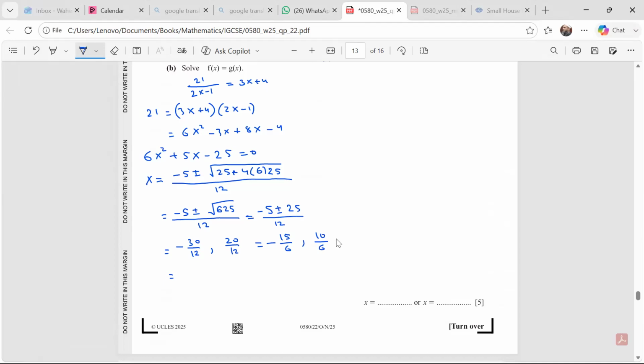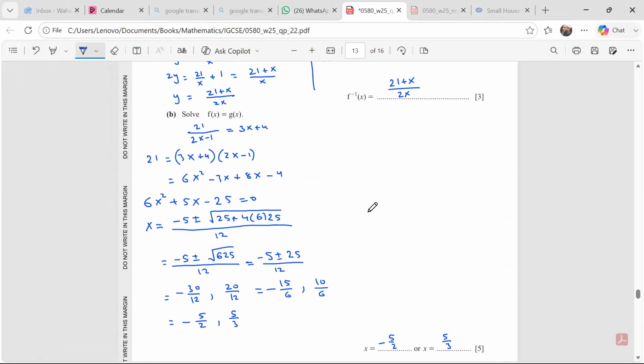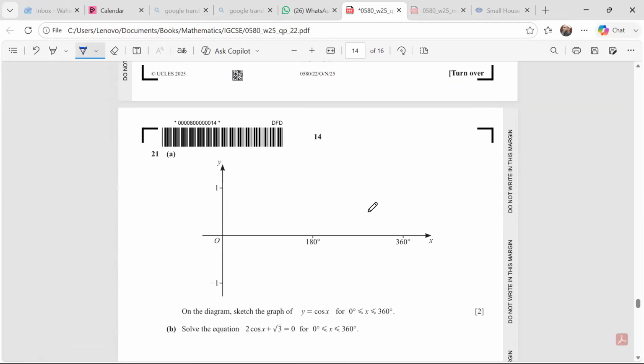Now this will become minus 5 over 2 and 5 over 3. So one answer is minus 5 over 2 and the other answer is 5 over 3. These are the two points where both of these functions are equal.